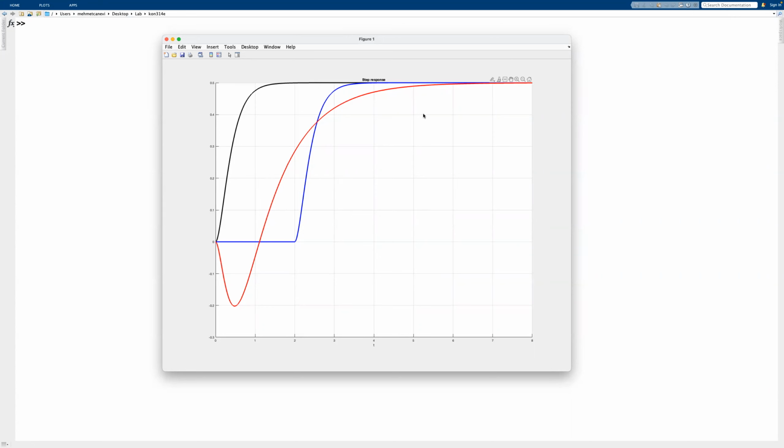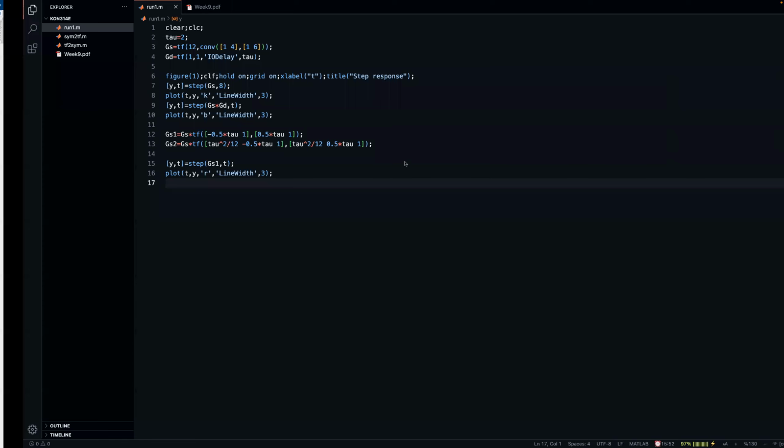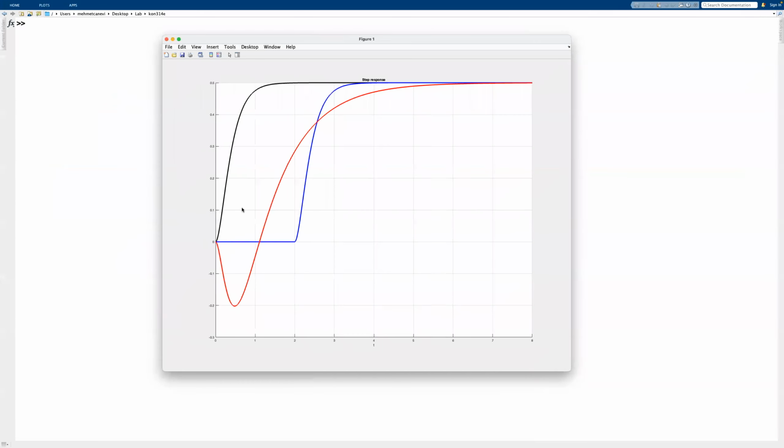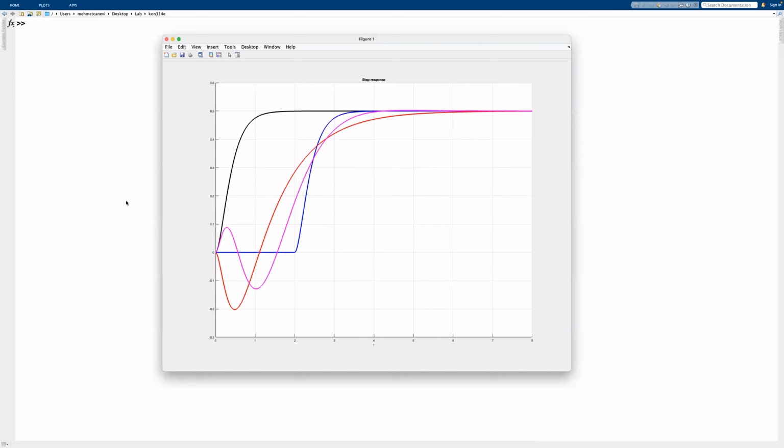Now, what about the second order one? Before I talk about it, let me show you the second order approximation. Let's choose, I don't know, we have blue and that. Let's choose magenta. And there we go.